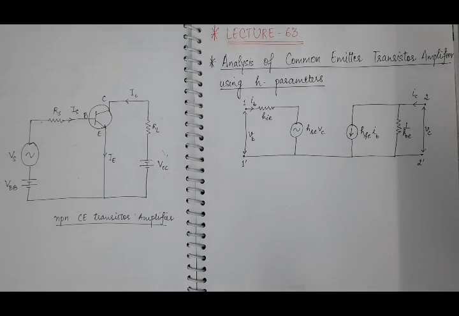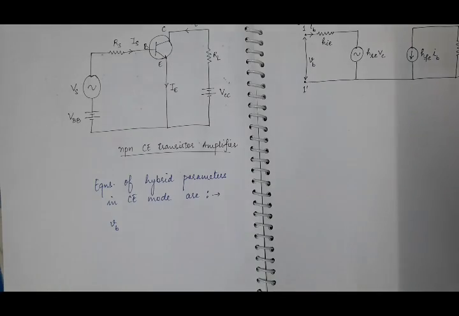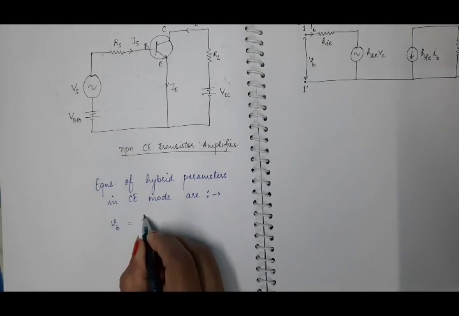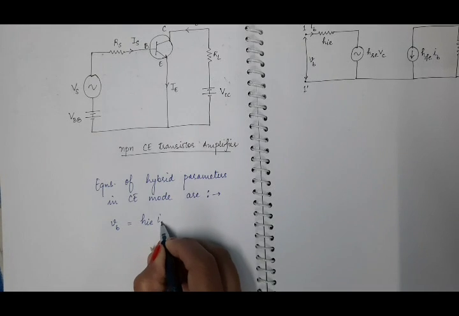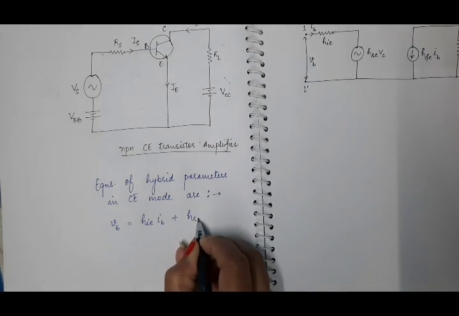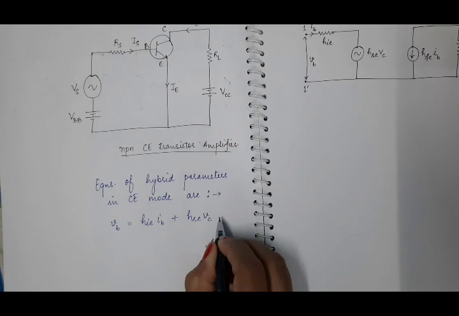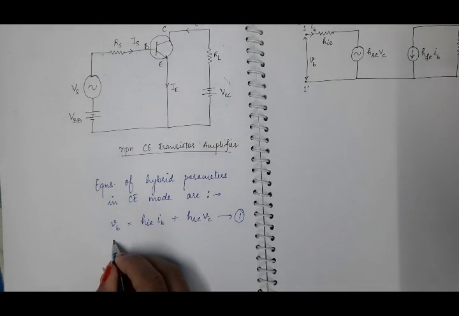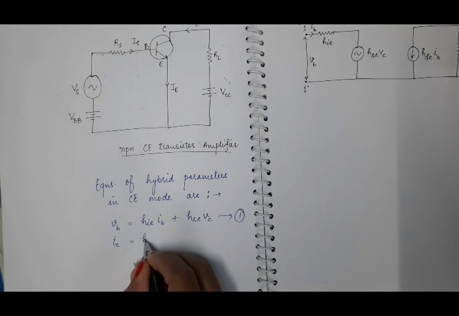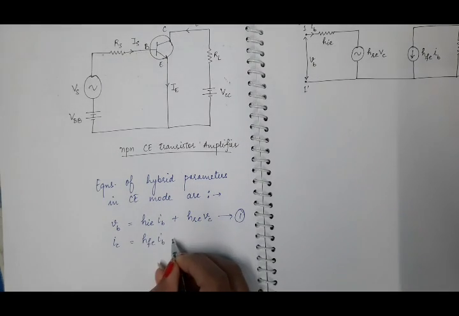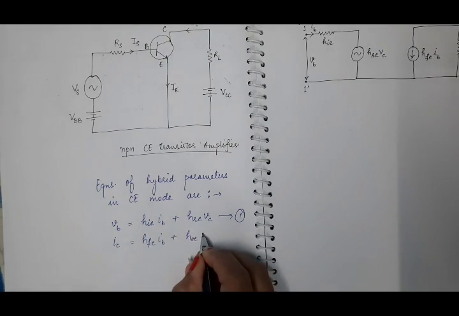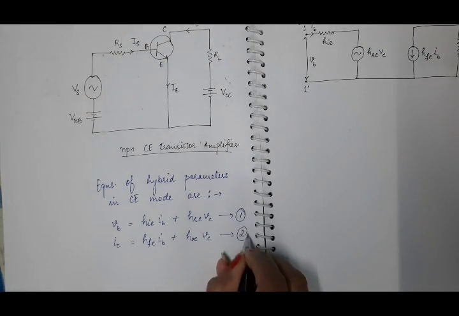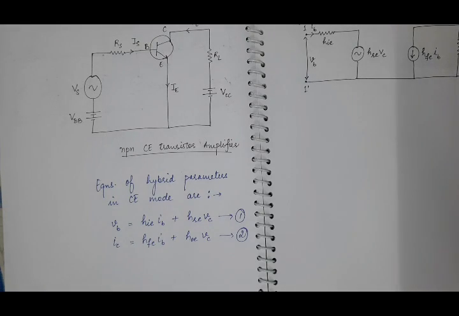The 2 equations are VB equals HIE IB plus HRE VC. Suppose this is equation number 1, and the second equation for the output current is IC equals HFE IB plus HOE VC, and suppose this is our equation number 2. So these are the 2 hybrid equations of transistor in common emitter mode.